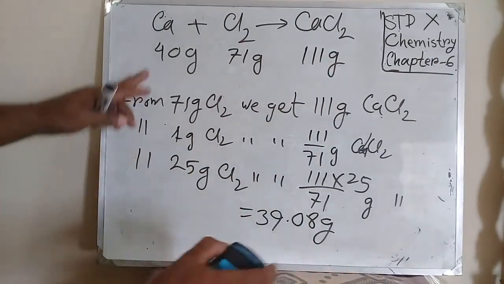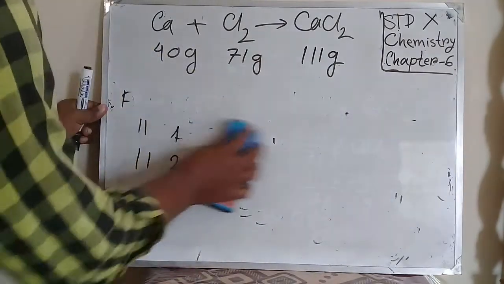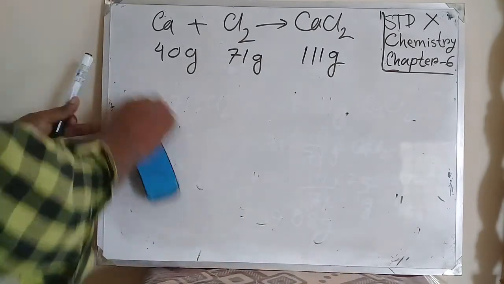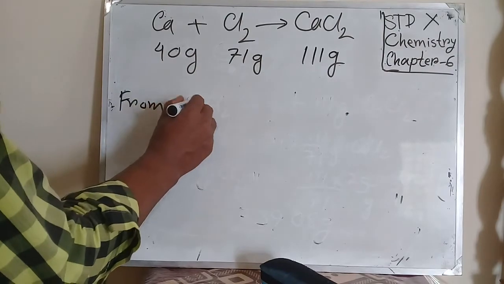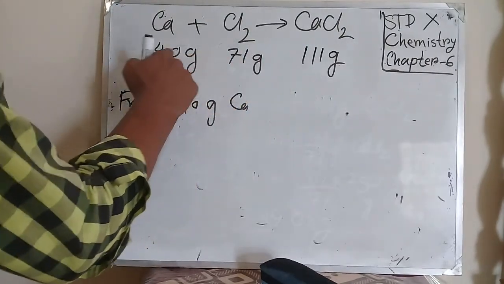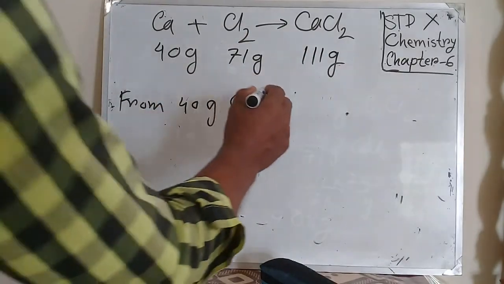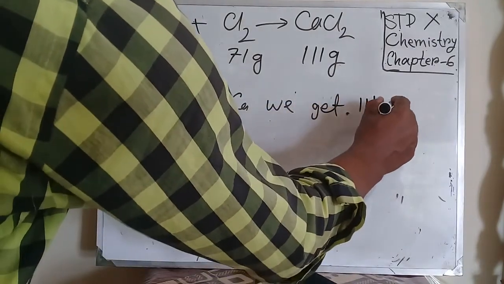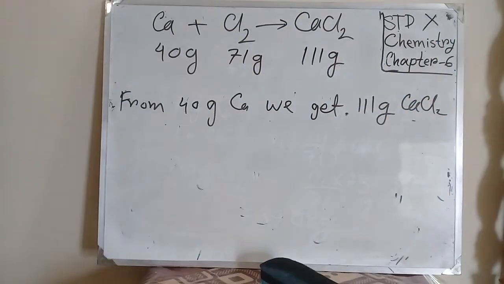Now, using calcium, from 40 gram calcium, how much? If we take 40 gram, then we obtain 111 gram calcium chloride.